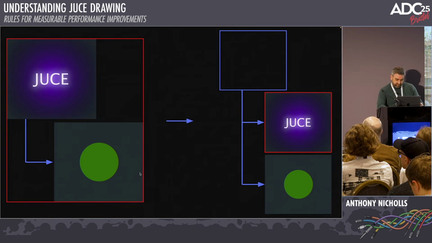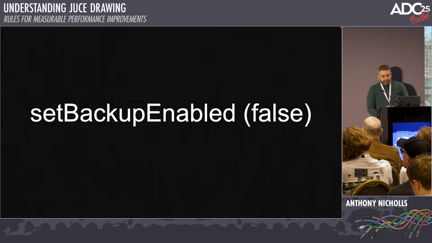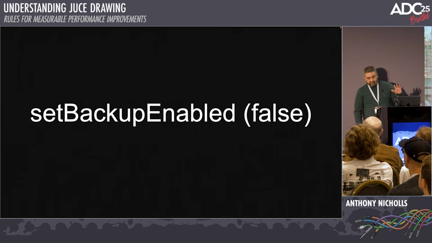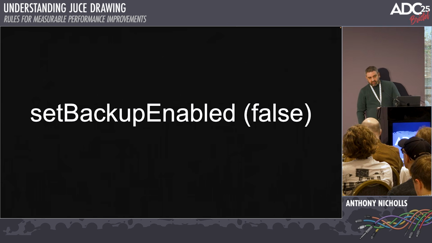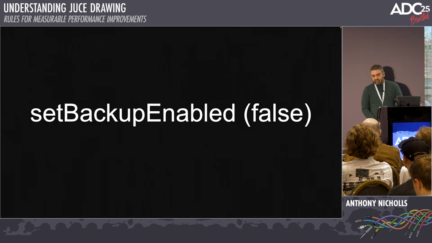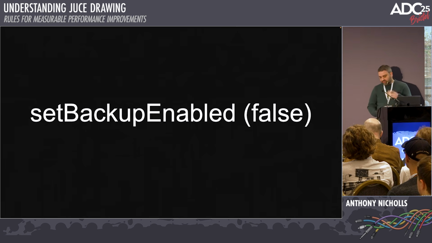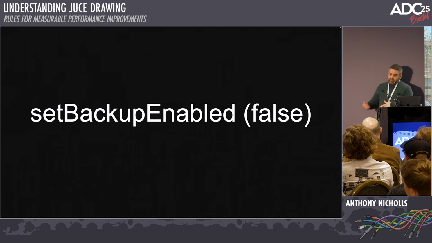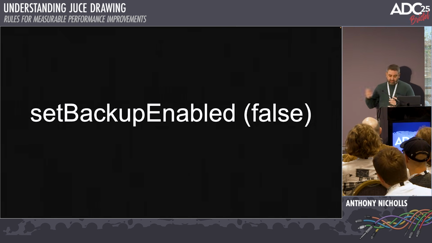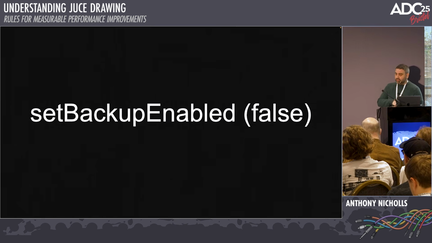Going to other demos, I want to do that. As we're talking about images, it's also worth mentioning, particularly since Direct2D has been added for Windows, that if you're making temporary images, say you're creating some image inside your paint method, painting something into it, and then you want to blur that image, put it to the screen, and throw it away, then it's good to call set backup enabled false on that image.